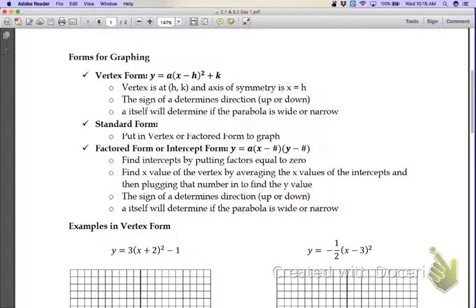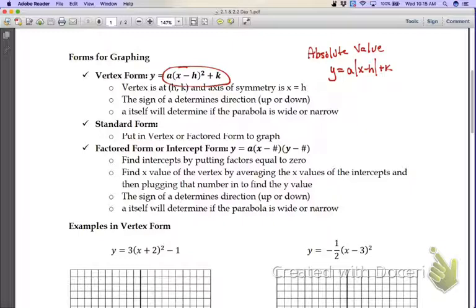Whenever we had absolute value and we graphed it, and you can write this down or not, it looked like this: y equals a, the absolute value of x minus h, and then plus k. What's the difference between absolute value in the formula and what we have right here?